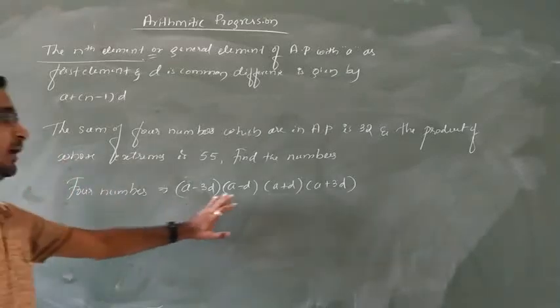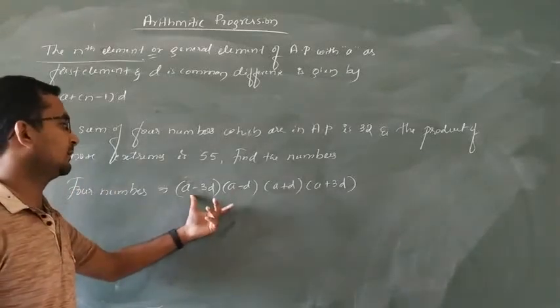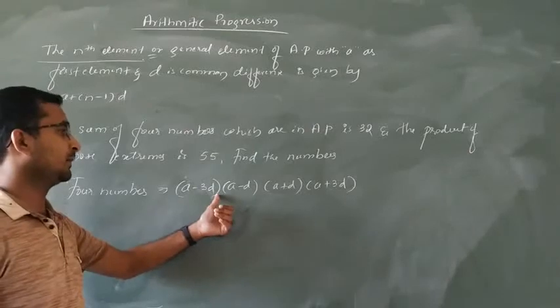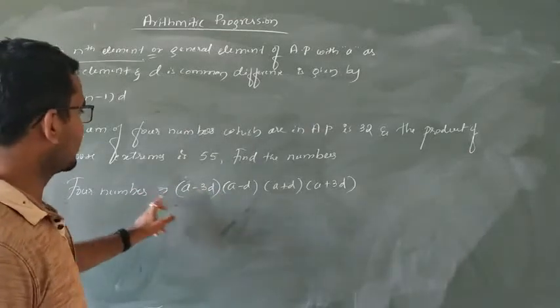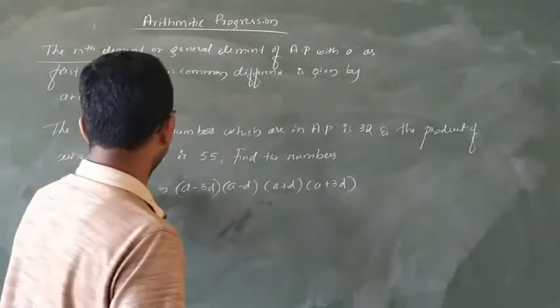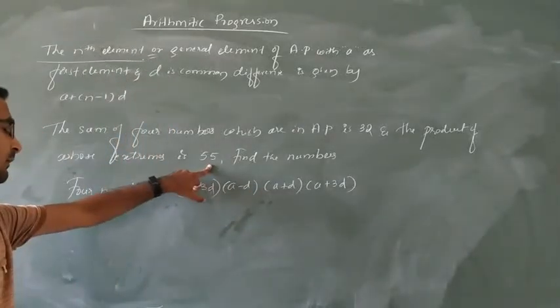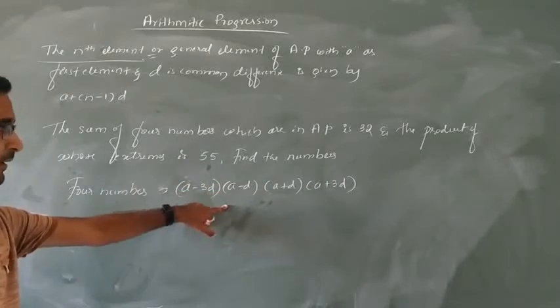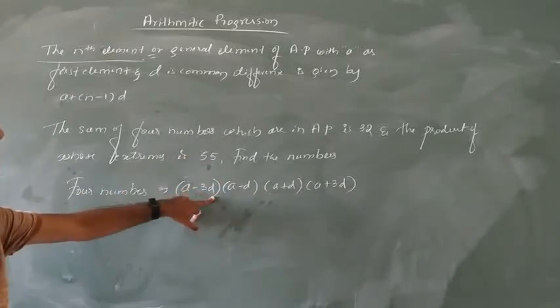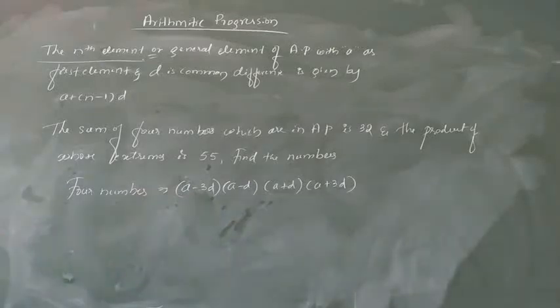The sum means you have to add all those numbers. I think you are getting the a only, and after that the product means you have to multiply, and they have given that the product of the extremes is 55. There you get the value of d, and substitute that a and d in these, and then you will get those numbers. Okay, so this is the example on the basis of the previous one.